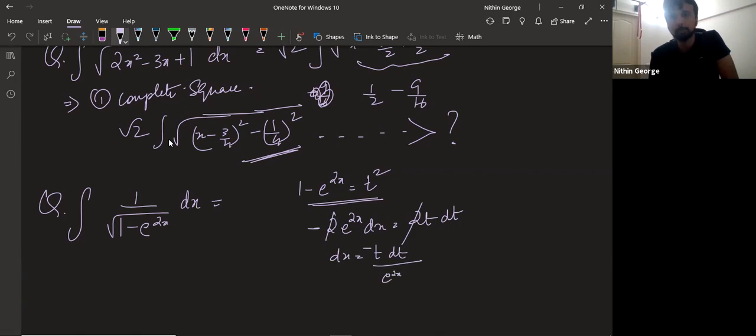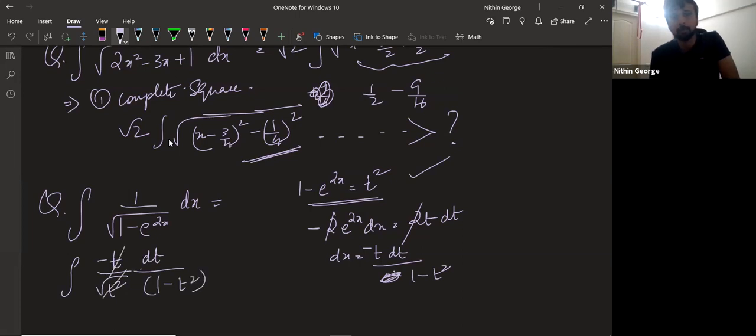You can see e power 2x goes in the denominator here. E power 2x can be written as 1 minus t square, from here. So that is why this is useful. You can just directly substitute here 1 by root of t square, and dx becomes minus t dt divided by 1 minus t square.